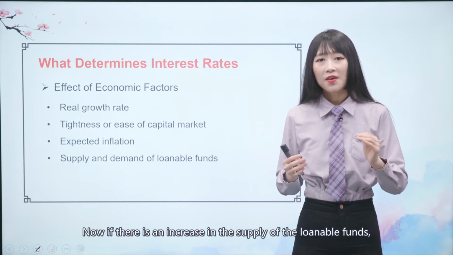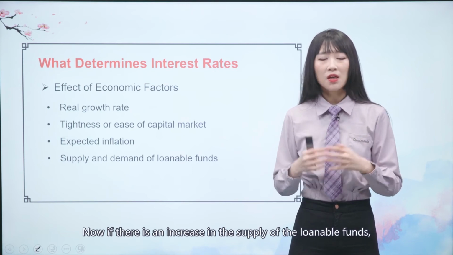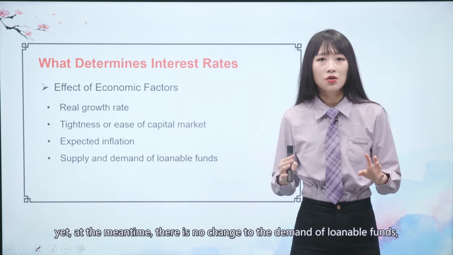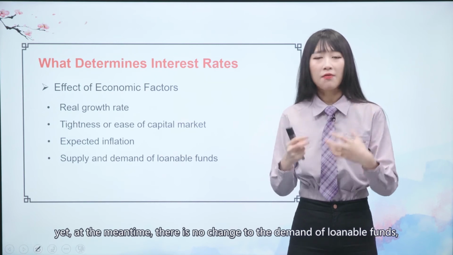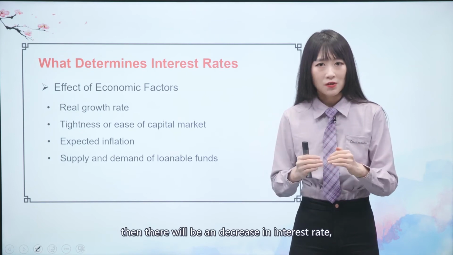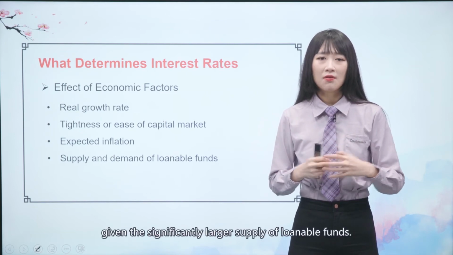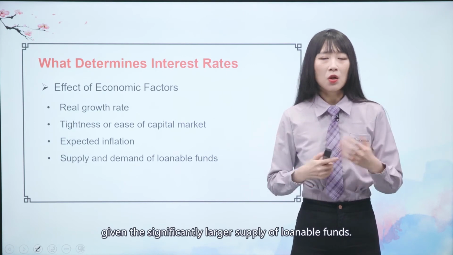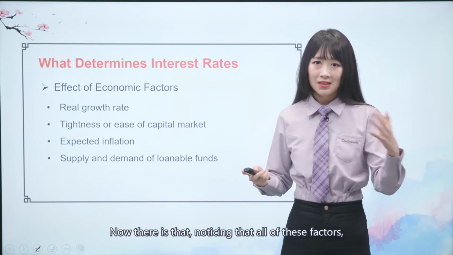If there is an increase in the supply of loanable funds, yet at the meantime there is no change to the demand for loanable funds, then there will be a decrease in interest rate given the significantly larger supply of loanable funds.